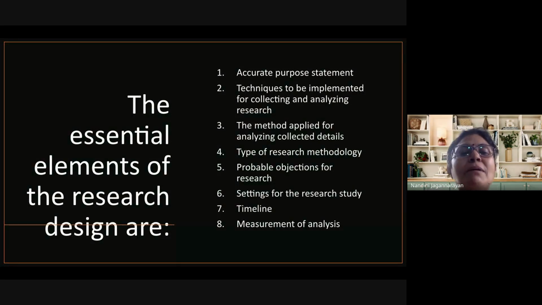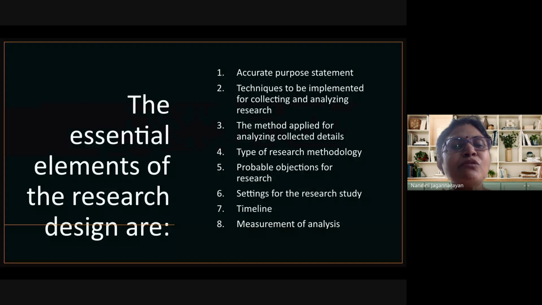So when I talk about a research design, I need an accurate purpose statement. This is going to be the purpose: I want to find out the preference for Pantene shampoo and the perception of it among the consumers. Then what techniques will I use for collecting data? Like I told you, will I use a Google form questionnaire?